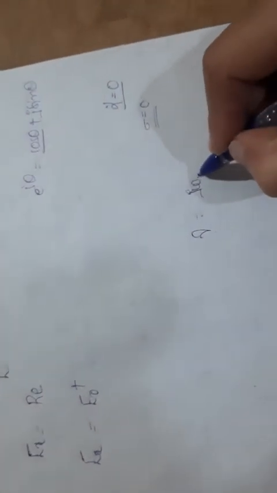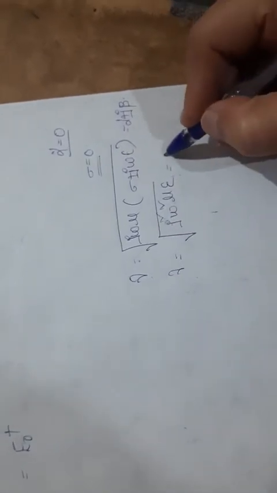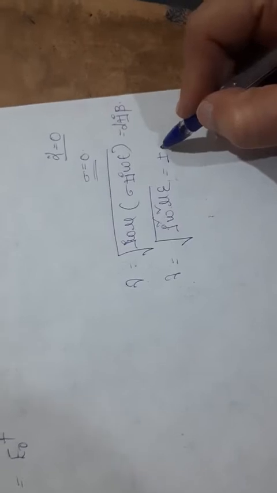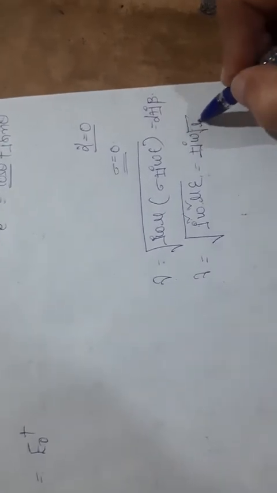The propagation constant formula is root of j omega mu into sigma plus j omega epsilon, and this is alpha plus j beta. Sigma is 0, so I have j square omega square mu epsilon under root, so plus or minus j omega root mu epsilon. So I am having only the imaginary part.